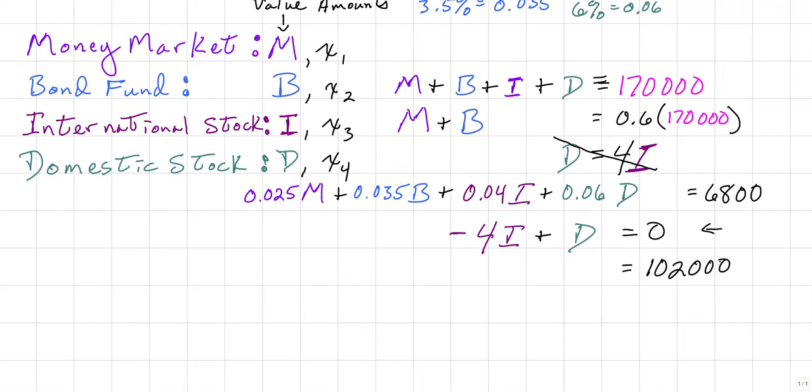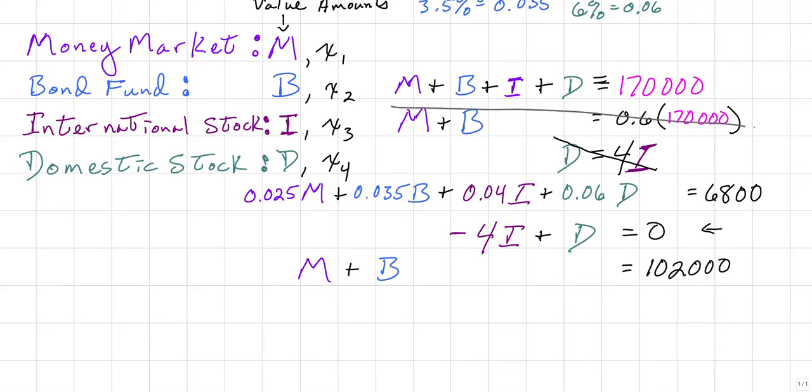And remember, that's going to be M plus B. I'll put the M right here, plus, and then simply B. And then I don't have to worry about that equation anymore.